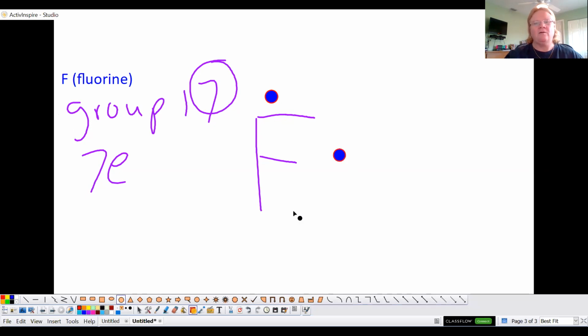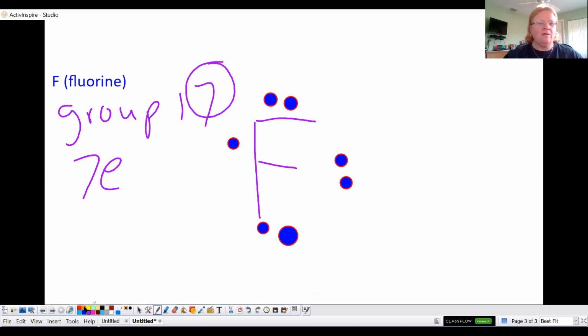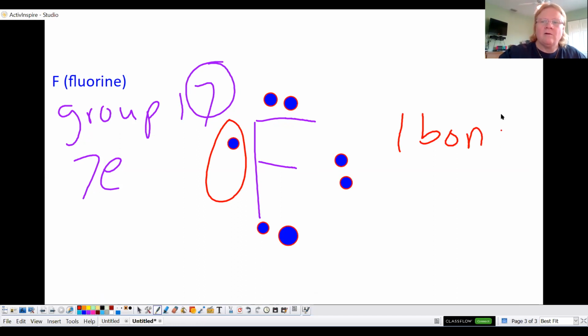So right, down, left, up. That's number 5, 6, and 7. Oh, that one's kind of big. All right, so now I'm going to do the unpaired electrons, and I only have this one right here. So that means it can form 1 bond, and that it is reactive.